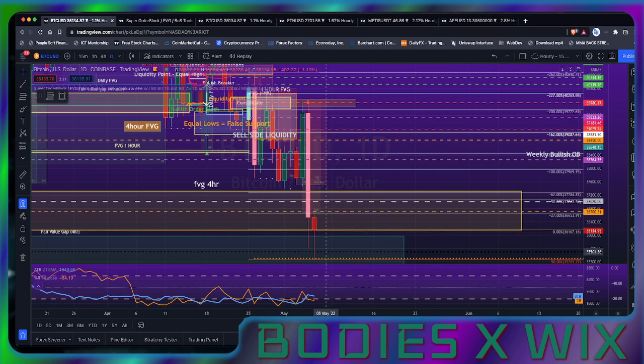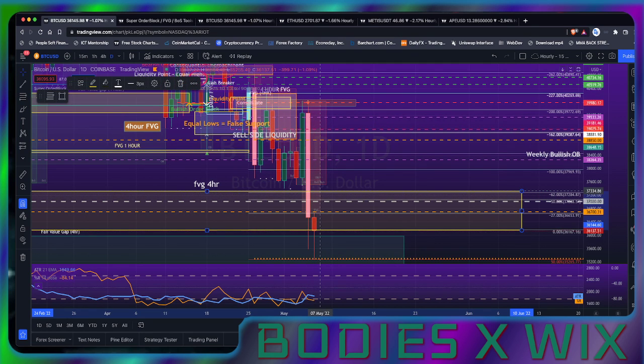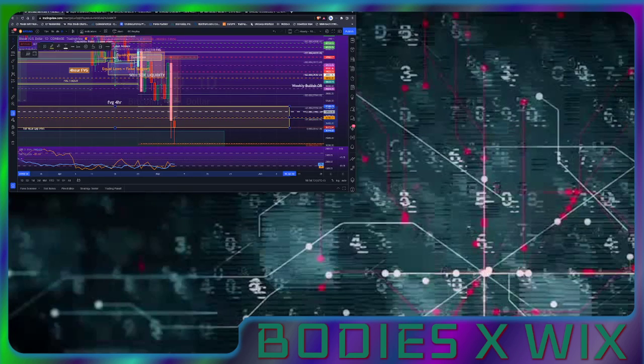So I wonder if it would get up into here and possibly touch the top of this 4-hour fair value gap, and that would be your scalp for the day or the weekend, and then cut it off there, because then it would probably fall back off and try to fill this 4-hour gap in. So that's what I'm thinking Bitcoin is going to be doing.